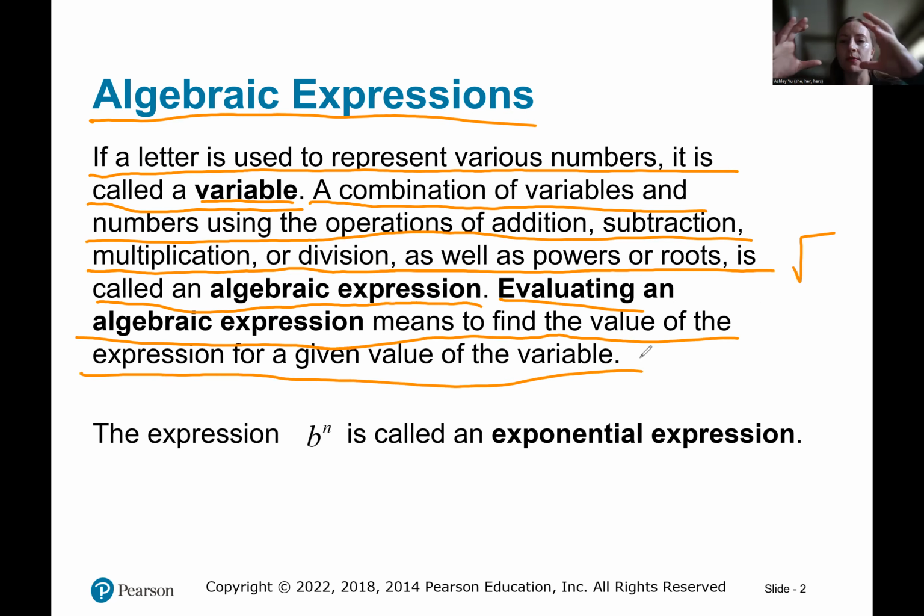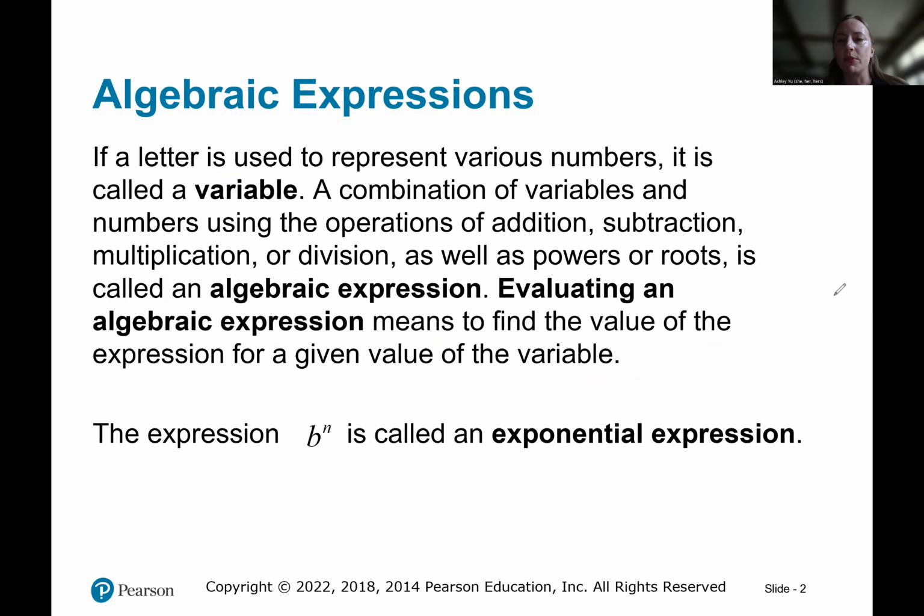So they'll give you a group of numbers and maybe a variable or variables that are adding, subtracting, multiplying or dividing, and they might have exponents or roots. If you're given a value of x, you replace the variable with that value and then simplify. If you have something to a power or an exponent, that's called an exponential expression.